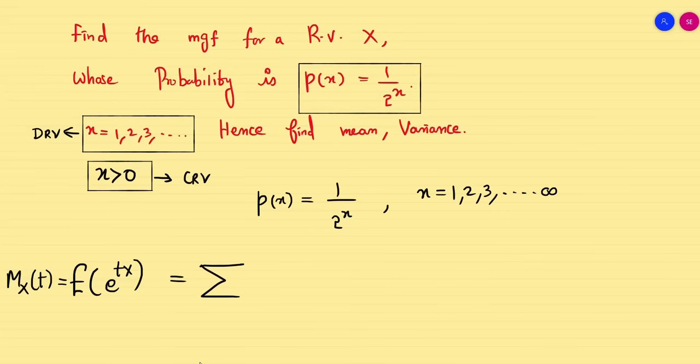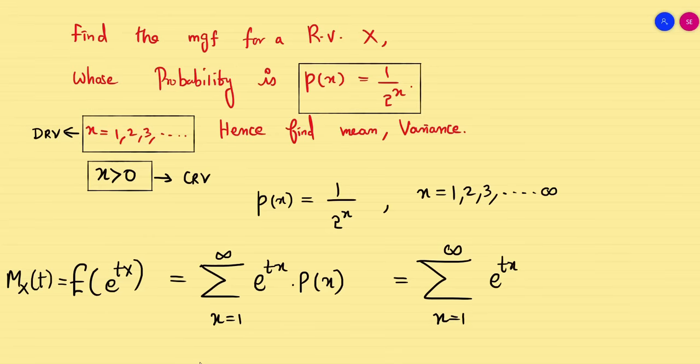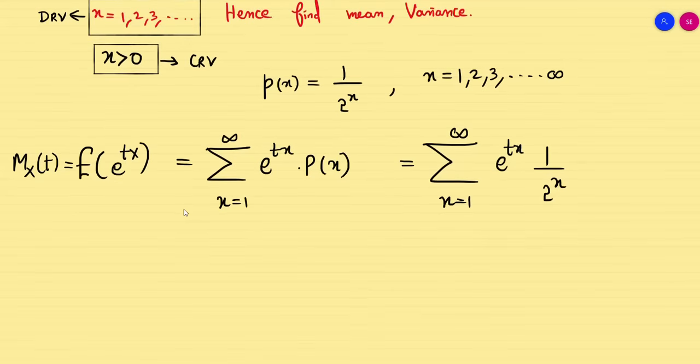We know it is the summation from x equal to 1 to infinity, because the values are given from 1 to infinity, of e power tx into probability of x. In our case, it is the summation x equal to 1 to infinity of e power tx into 1 by 2 power x. Okay, done. I said the formula like this because our question is given between 1 and infinity. In general, you have to take whatever limit or data is given in the question.